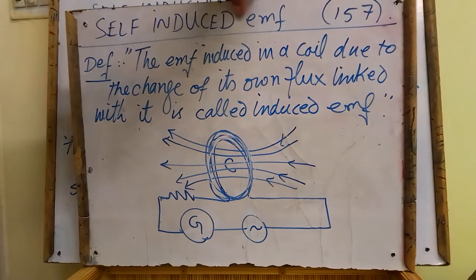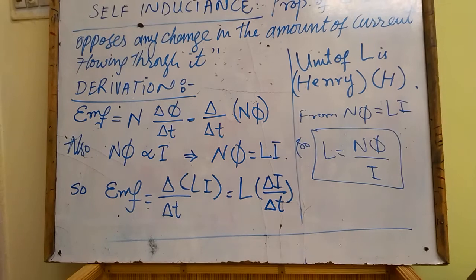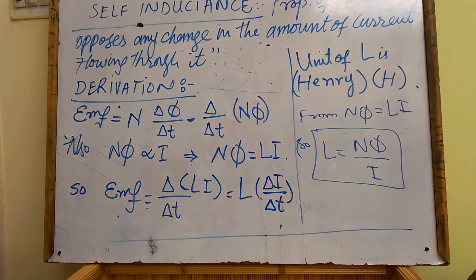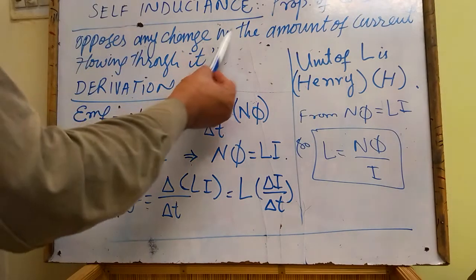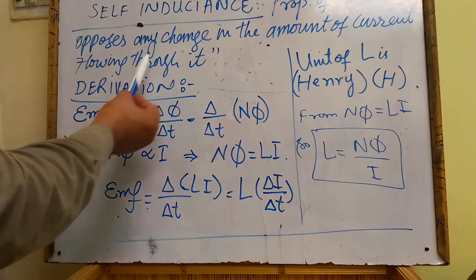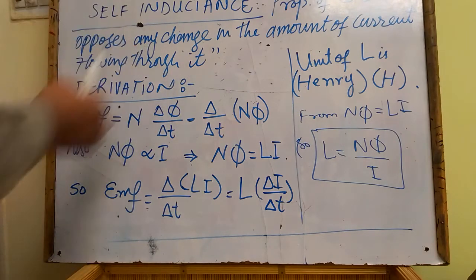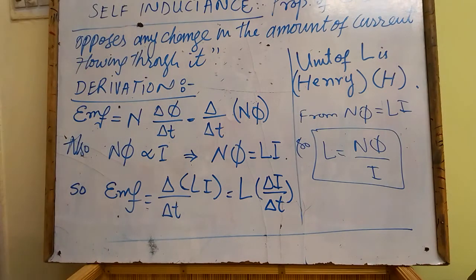Now, let us move forward. What is self-inductance? What is actually inductance? Inductance is the property of the coil that opposes any change in the amount of the current flowing through it. Inductance is some sort of resistance to the flow of the current.